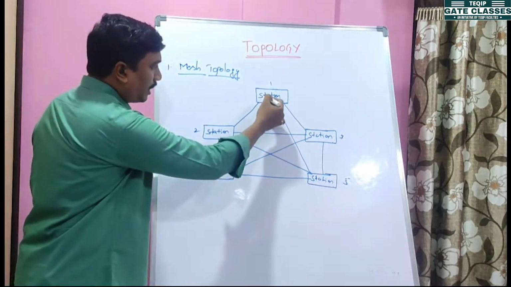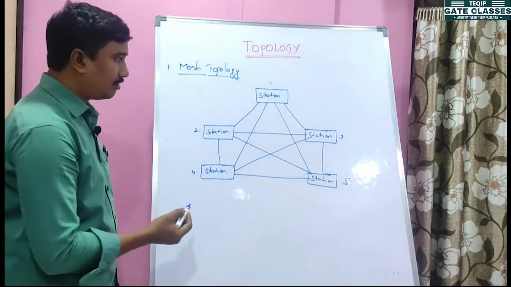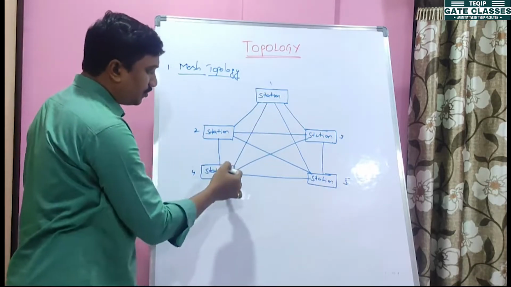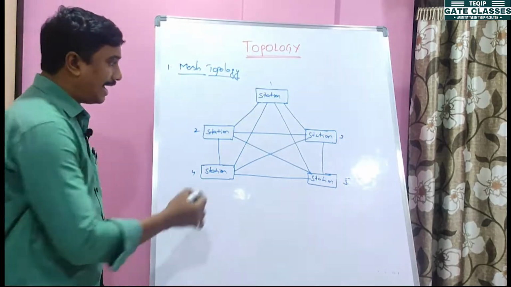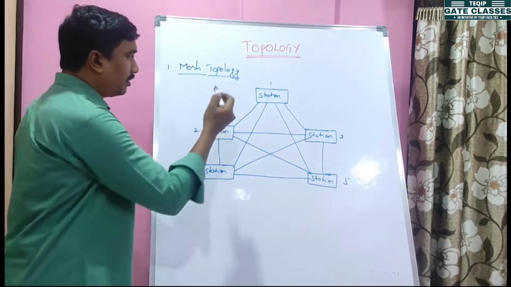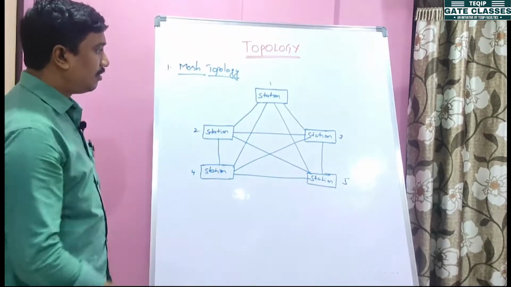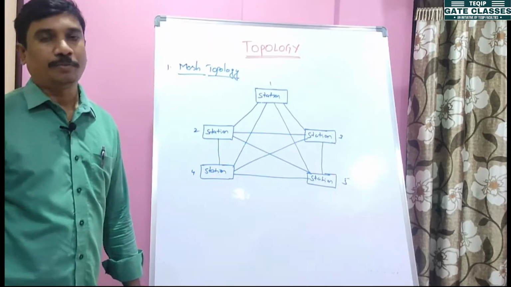Station 1 to station 2, one cable is there. Station 1 to station 3, one cable is there. Station 1 to station 4, station 1 to station 5. This means I have provided a dedicated path from every station.